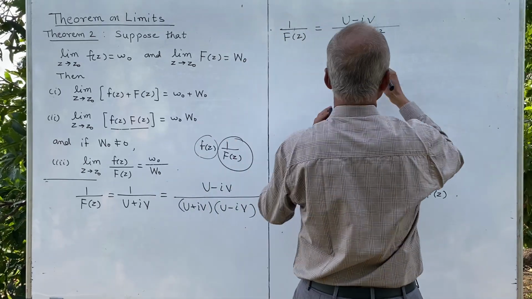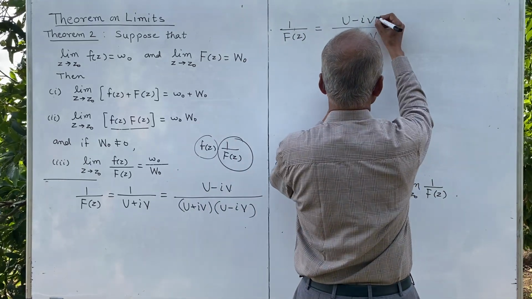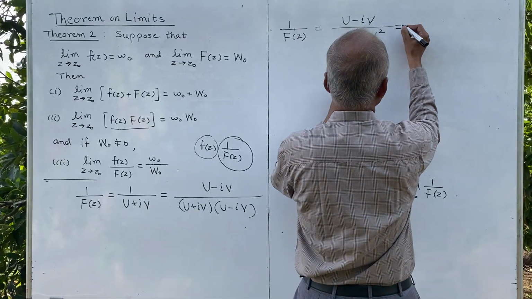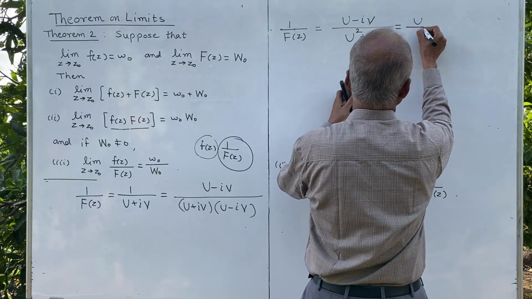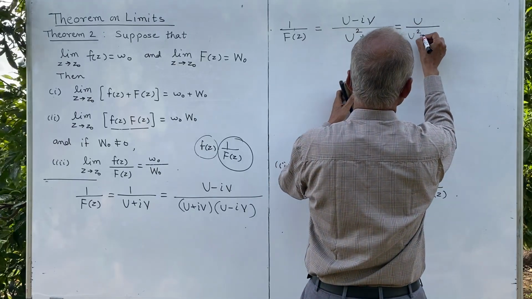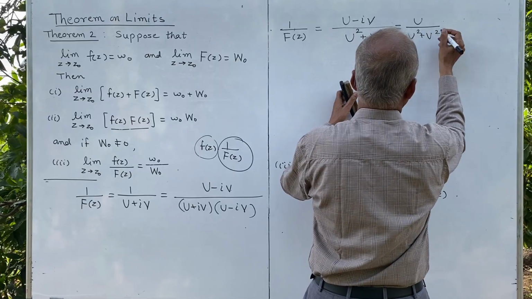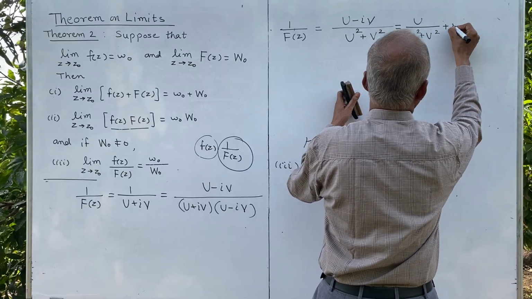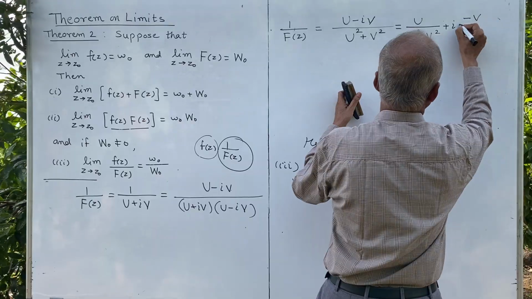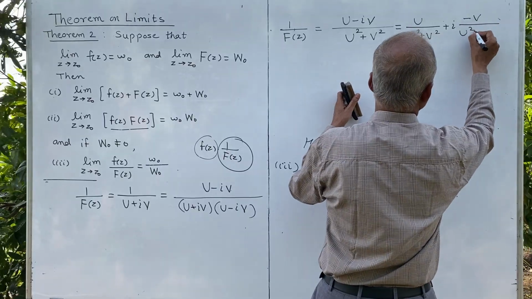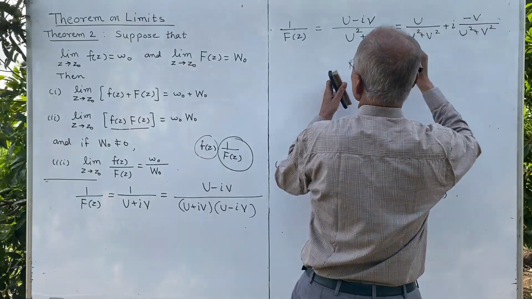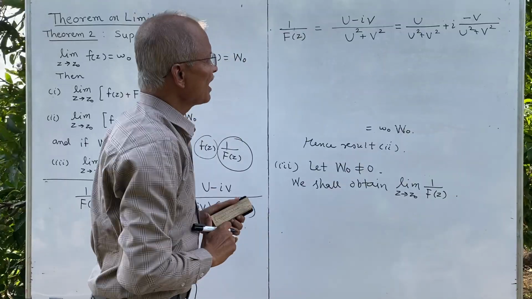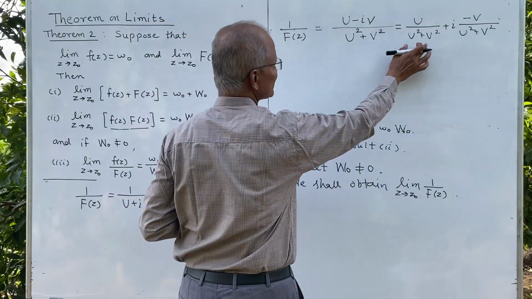This we can write in the form of real part and imaginary part separately, that is u divided by u square plus v square plus i into minus v divided by u square plus v square. This is 1 upon f of z, and now we shall find out its limit.